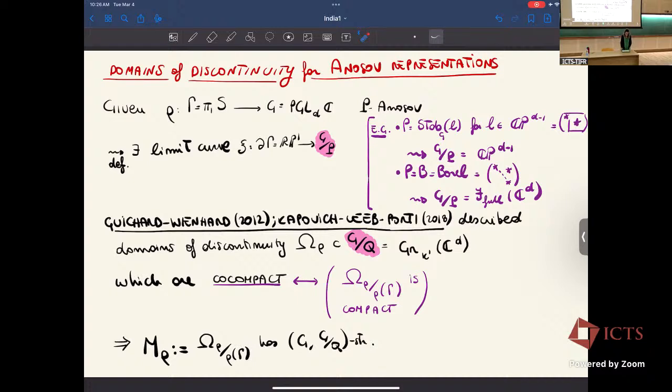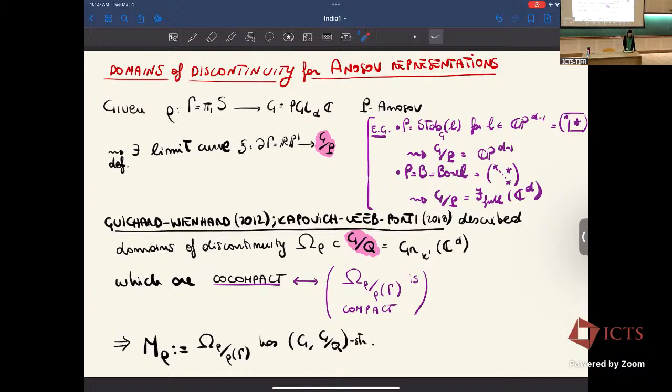This is what Guichard and Wienhard and Kapovich, Leeb and Porti did. One really nice property that will be crucial for us is that these domains of discontinuity are co-compact, in the sense that if you look at the quotient, it is a compact manifold.